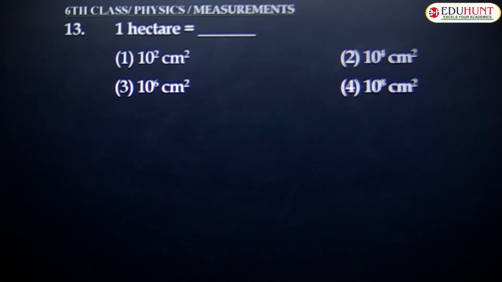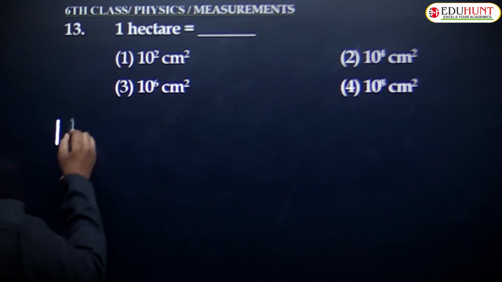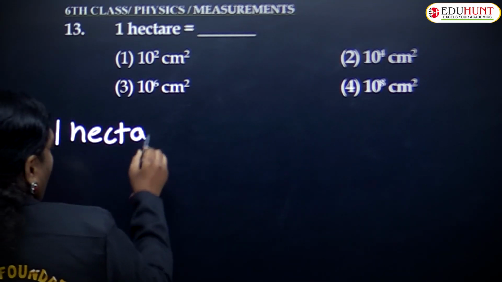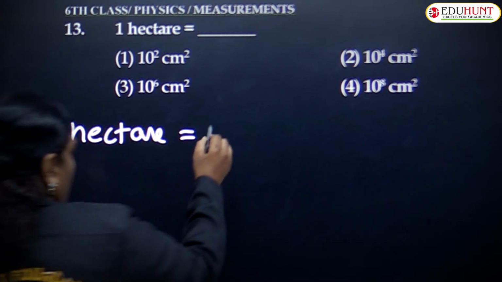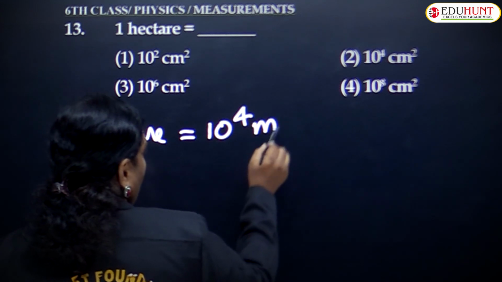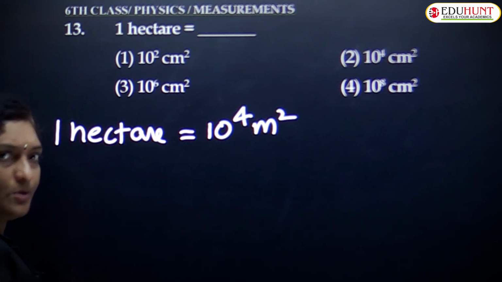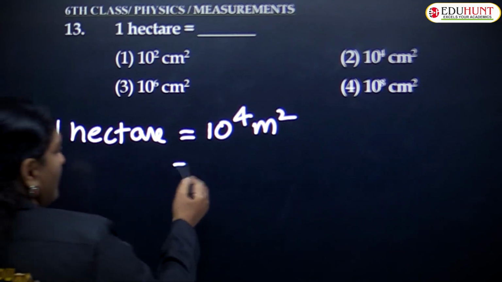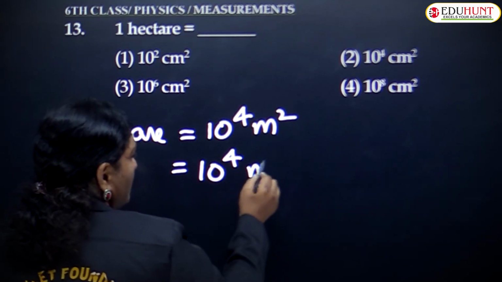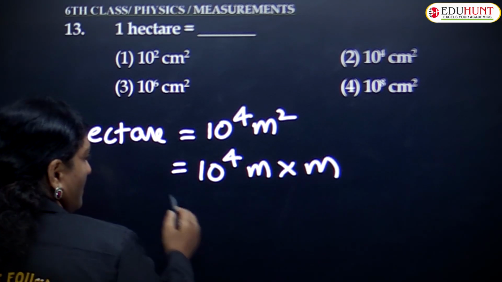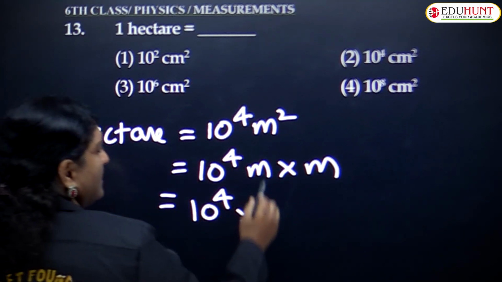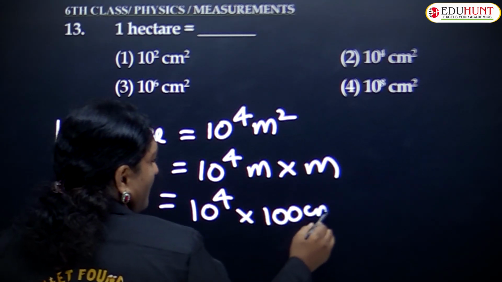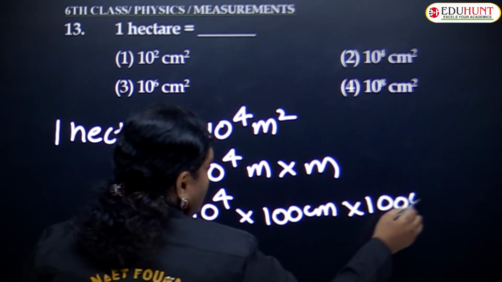Moving ahead, 1 hectare again you need to convert in centimeter square. 1 hectare, how many meters square children? 10 power 4 meters square. Similar to the earlier numerical, what we did? We wrote meter square as meter into meter. But 1 meter, how many centimeters? 1 meter is 100 centimeters, again 100 centimeters.